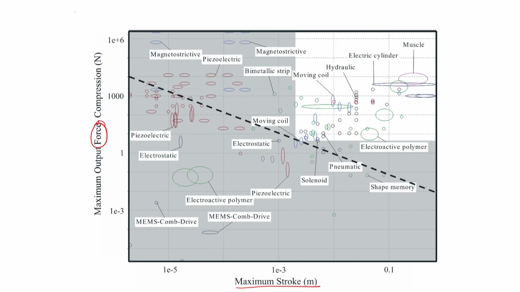So, what we can see here is that if you talk of a large force, something like a human muscle can generate, or even much more than that, then you inevitably come to systems like pneumatic, hydraulic and electromagnetic. This is a large force you can see here.